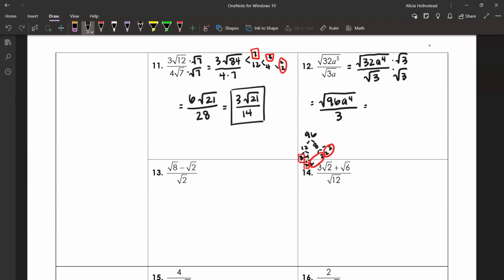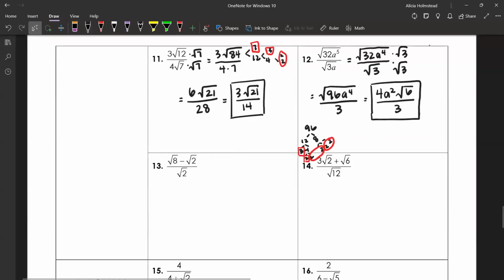So this is going to become 2 times 2, which is 4. And then we can pull out, there's 4 a's, so that's 2 groups of 2. So we'll have a squared, and then left inside is 3 times 2, which is 6, all over 3. Which does not simplify anymore, since 4 and 3 don't have any common factors.